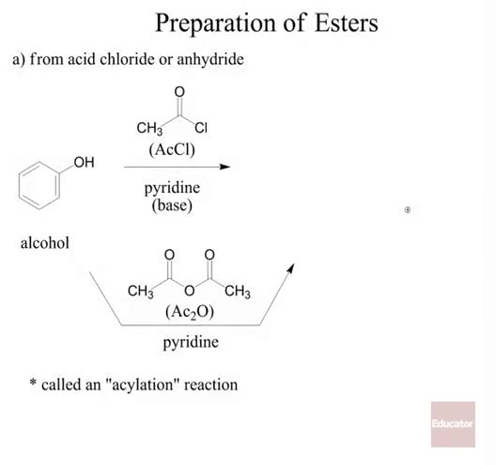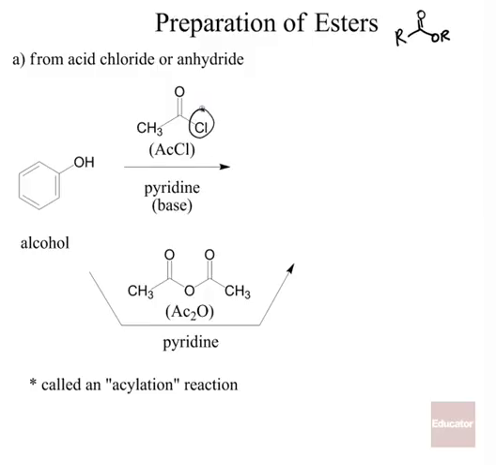Okay, how do we get an ester? An ester has an OR group attached to a carbonyl. Okay, there's many ways to make esters. And one possibility is to start with a better leaving group attached to a carbonyl and then introduce the OR group. So what better leaving groups are there? Well, we could look at our two most reactive acid derivatives, the acid chloride and the anhydride.